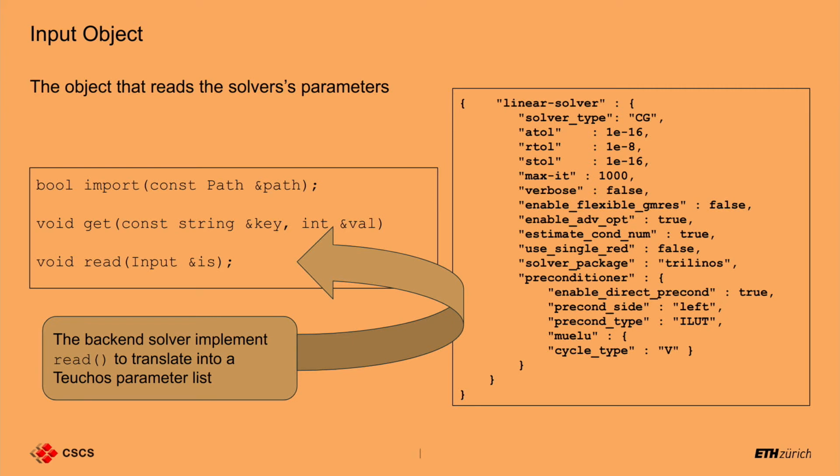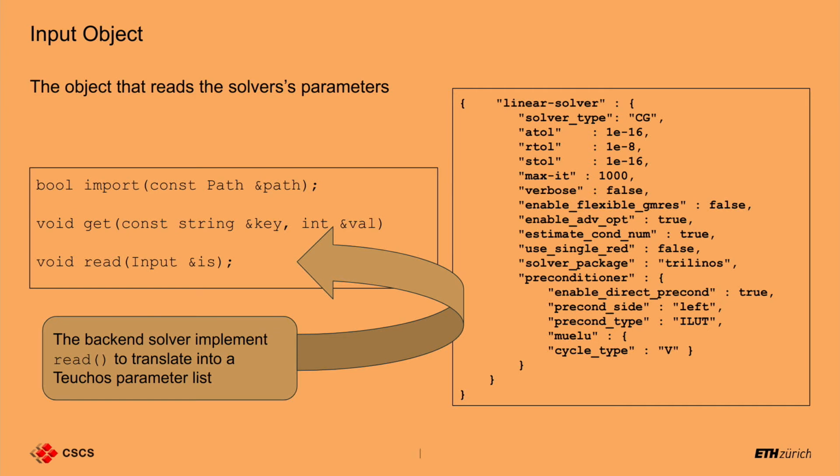For example, for Trilinos, in the Belos solver, there is this read function that will read the data inside the input object and will create a parameter list for the Trilinos Belos solver. These are general parameters. Of course, other, what I call advanced parameters, have also been implemented. For example, you can use communication avoiding GMRES with Belos. And if this is implemented in the backend, we'll use it. Otherwise, we'll give you an error.